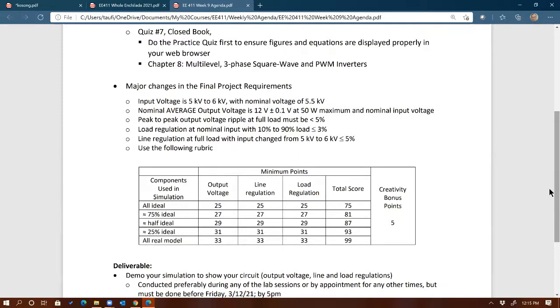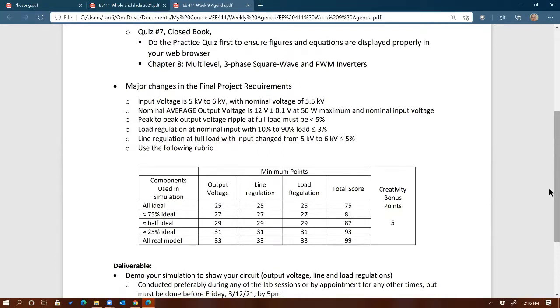And I explained this to some of the groups. I don't think I explained this in the entire class: that this is not just a made-up project, right? I didn't make this up. This is actually a real-world project where the input is truly from 5 to 6 kV, and the output is 12 volts at 50 watts.